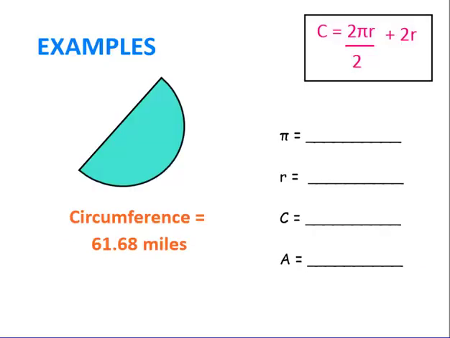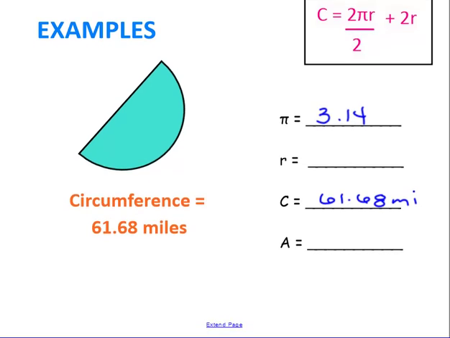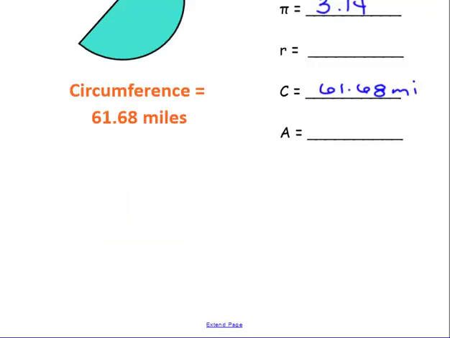All right, let's do another one here. So our pi is 3.14. We don't know our radius, and our circumference is 61.68 miles. Okay, so let's work backwards to find our radius and then go forwards to find our area. So C equals 2 pi r.